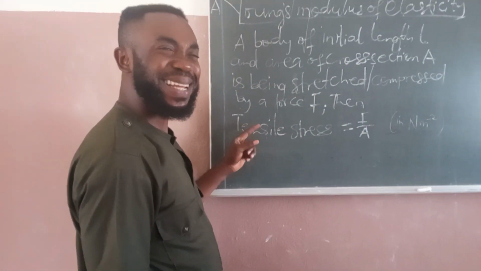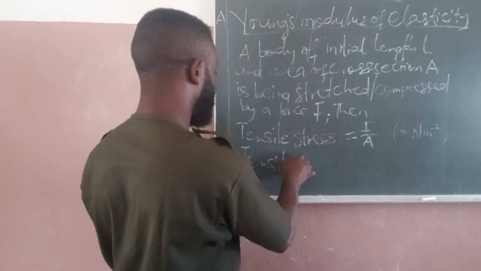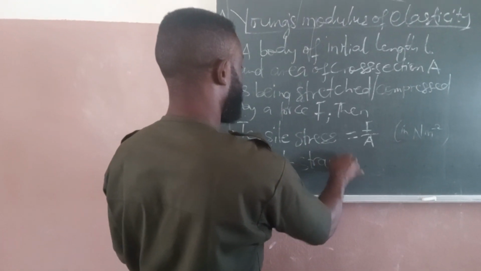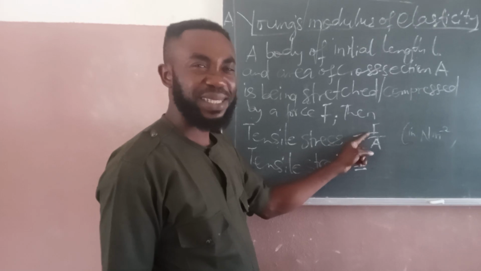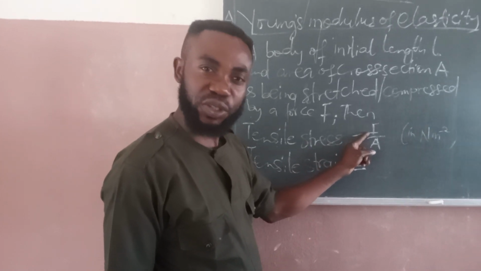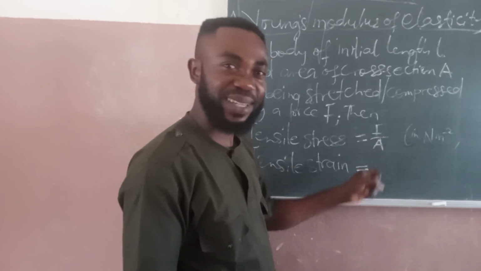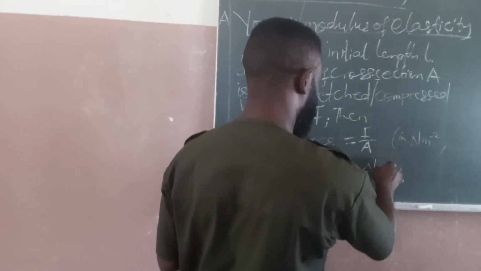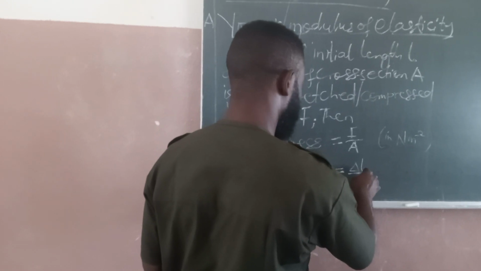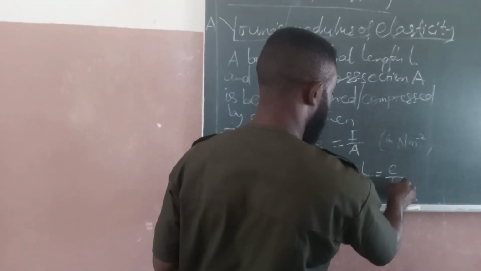Then the tensile strain produced in the same material as a result of this stress. The deformation, distortion, or damage produced in the material when it is being stretched is given by change in length over original length. That is e over L, original length.